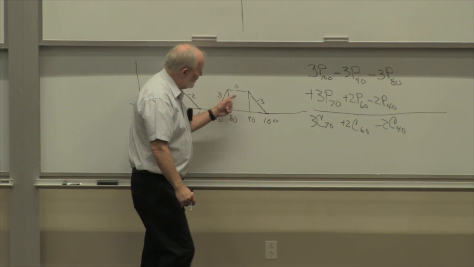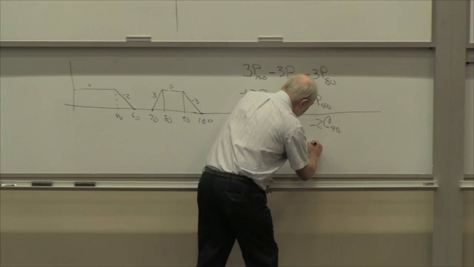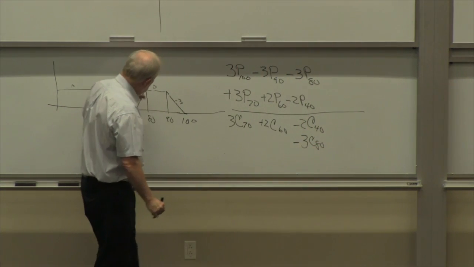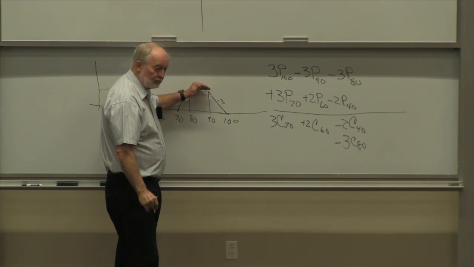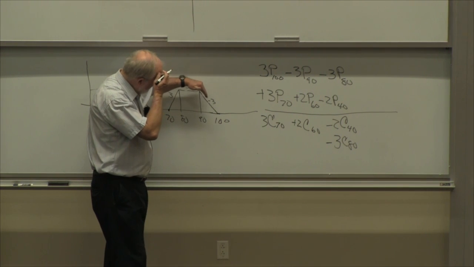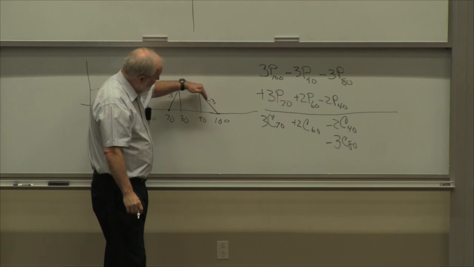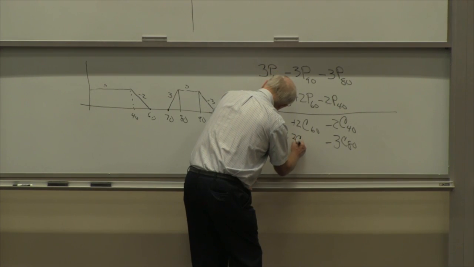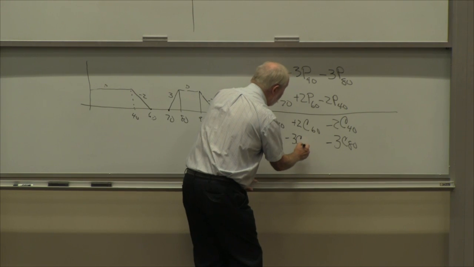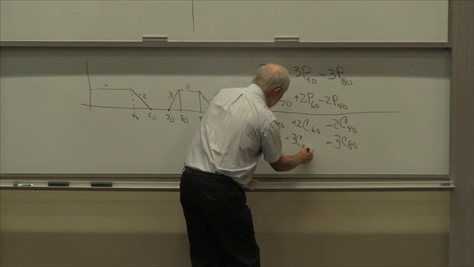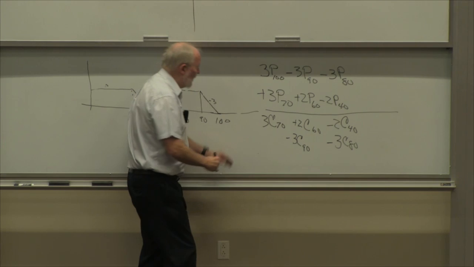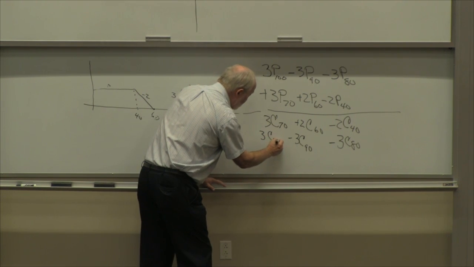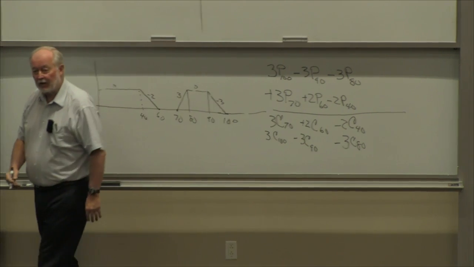And so I want to sell 3 calls, minus 3 calls at 80. I want to go down. And so what I'm going to do here is I want to have minus 3 calls at 90. And to flatten off, I'm going to add 3 calls at 100. Everybody with me on that?